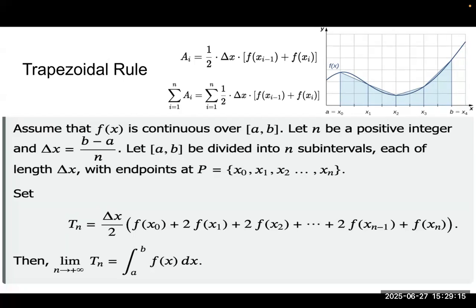There will be no halving; it will be 2. Because when you have periodic boundary conditions, when A is periodic with B, this point gets summed twice. So it becomes the rectangular rule, and the convergence is the trapezoidal convergence, which is very funny.